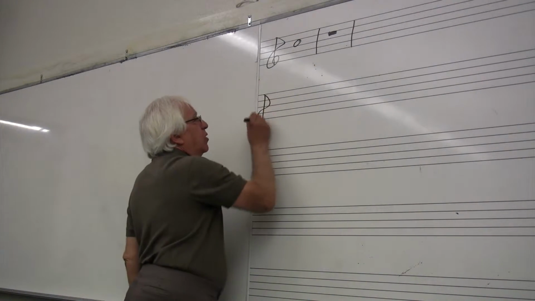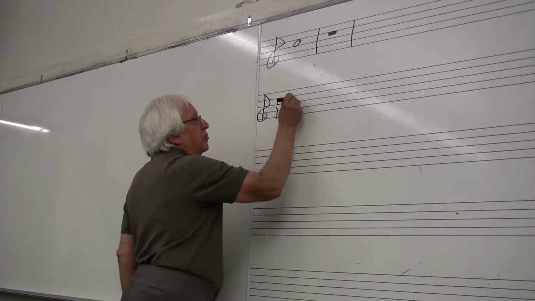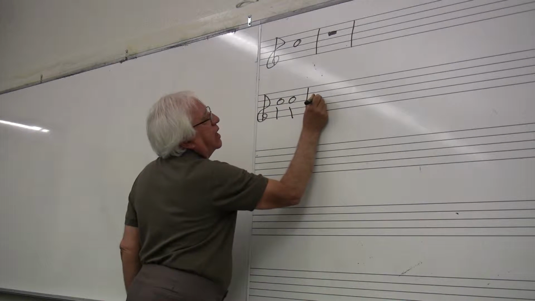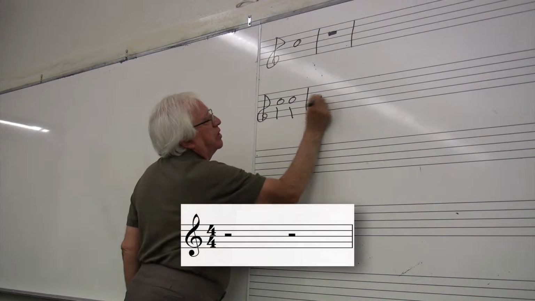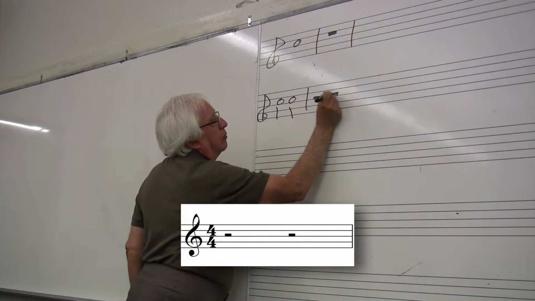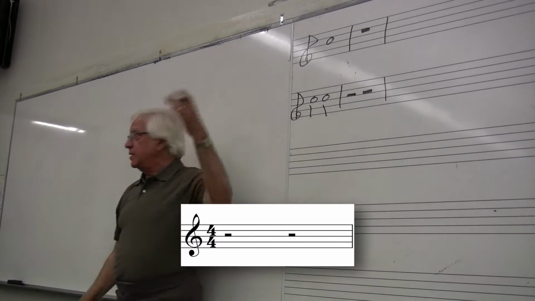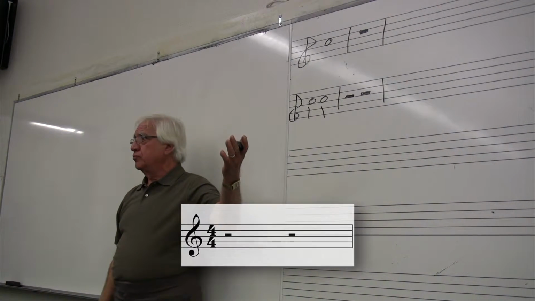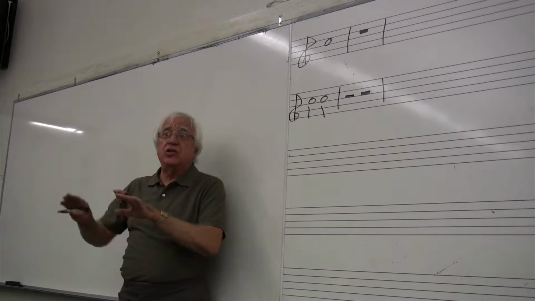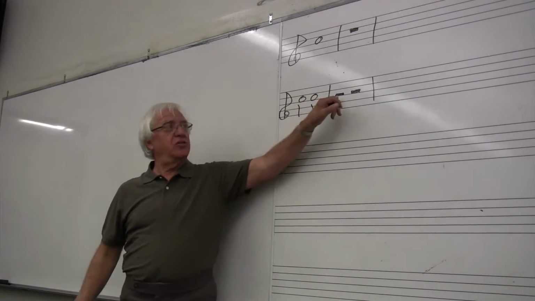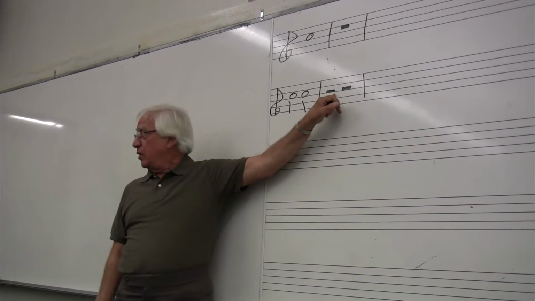The half note rest just sits down for a little bit, sits on the middle line. So the whole note rest hangs out for the whole measure. The half note rest just sits for a spell. So it sits. Okay, if you can remember it that way.